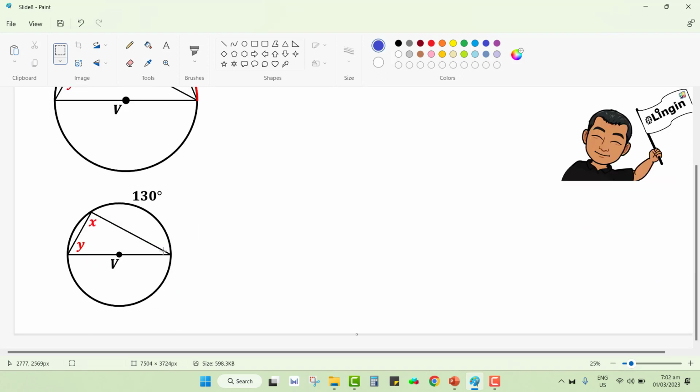Now, as mentioned, y is the inscribed angle intercepting arc 130 degrees. And we know that the measurement of an inscribed angle is half of its intercepted arc. In short, the measurement of angle y is equal to half the measurement of its intercepted arc, which measures 130 degrees.